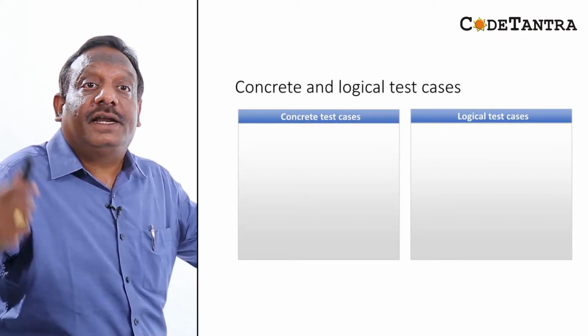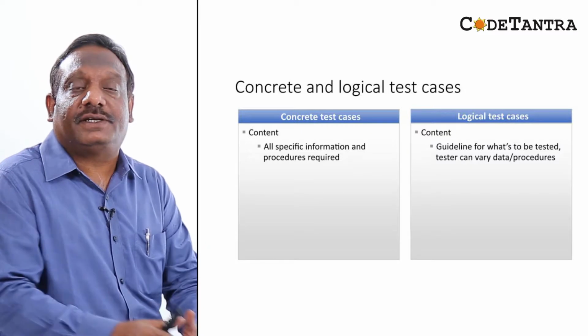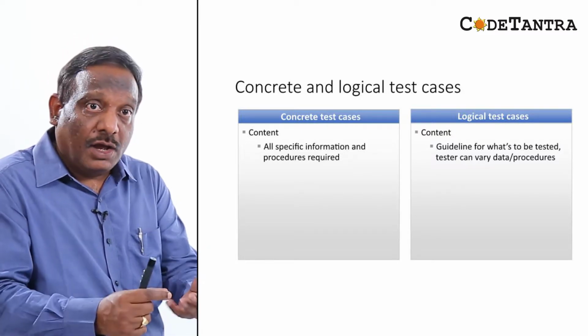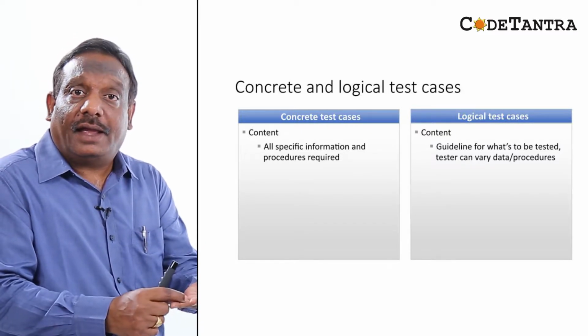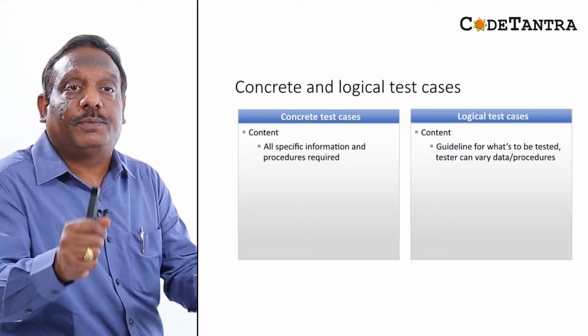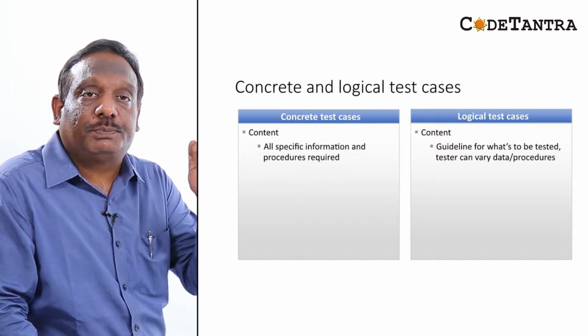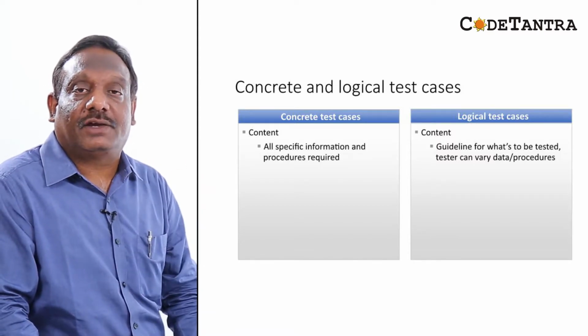In concrete test cases, the content is all specific information and procedures required. You will give a lot of input data and clear information about all the possible data, everything you will put inside the test case. That's why very specific information and procedures are required.